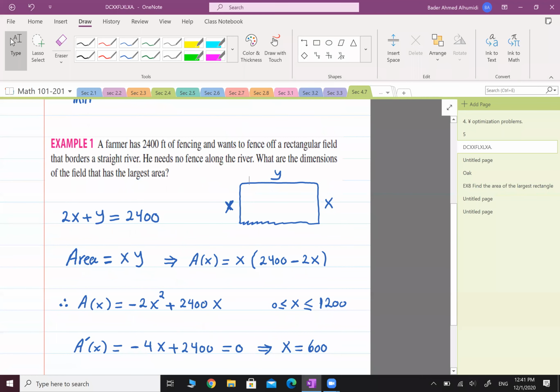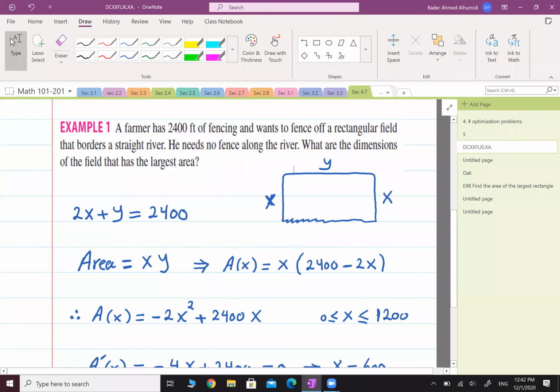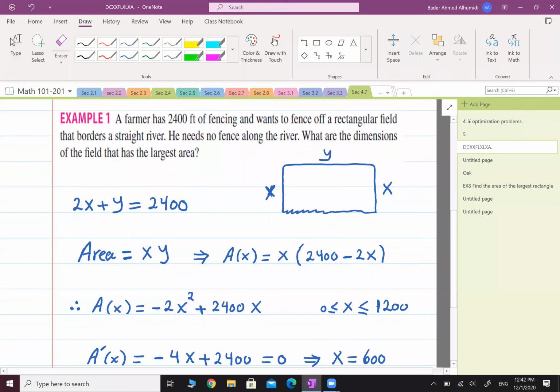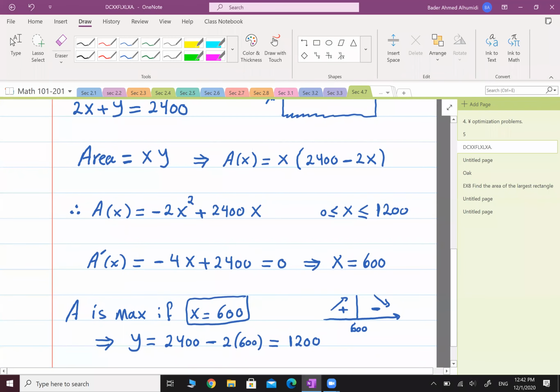If you have any questions, please. I will solve one more exercise and stop. Yes. Can you repeat how you got the interval? Yeah, sure. First, do you agree that x must be greater than or equal to 0, because it cannot be smaller than zero? Correct? And also y should be greater than or equal to 0, isn't it?